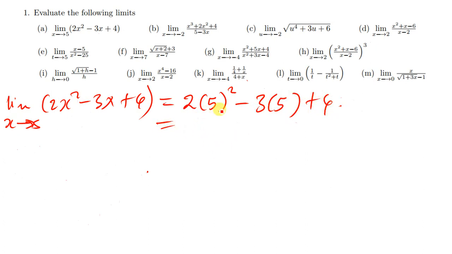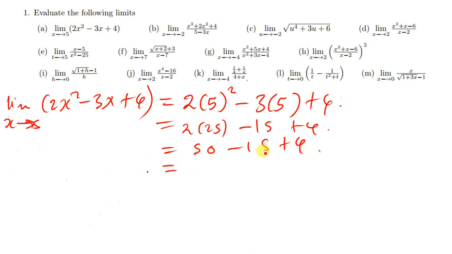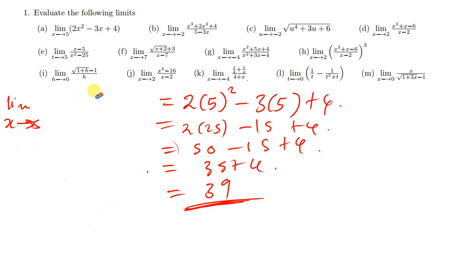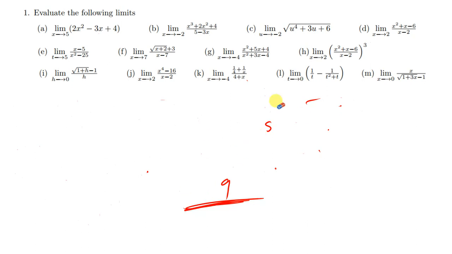Then when you simplify this, we get 2 times 25 minus 15 plus 4, which gives 50 minus 15 plus 4. So 50 minus 15 gives us 35, plus 4. When you add this, you're getting 39. So this is how you solve such a limit. Let's quickly do the next one.